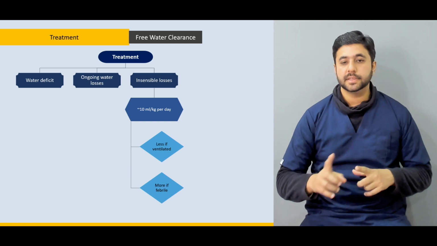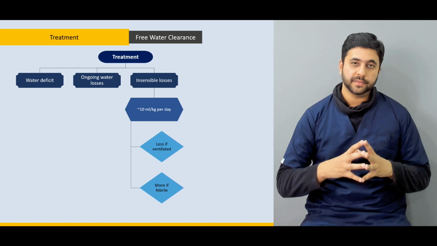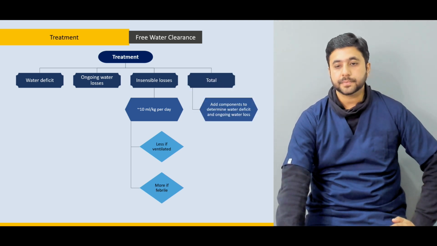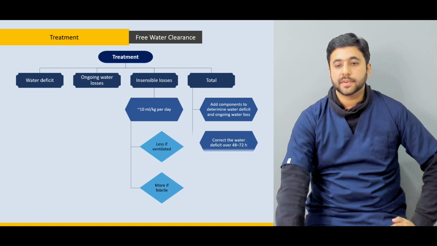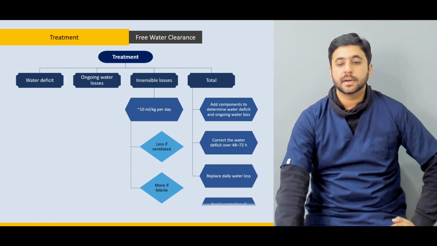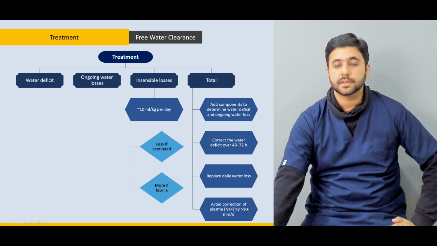So we adjust for these insensible losses, and based on these, we calculate the total water deficit. After that, we correct this water deficit slowly over a period of 48 to 72 hours, avoiding correction by greater than 10 millimoles per day, as I just told you in the last slide.